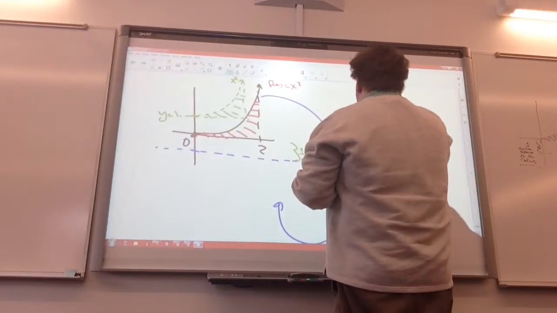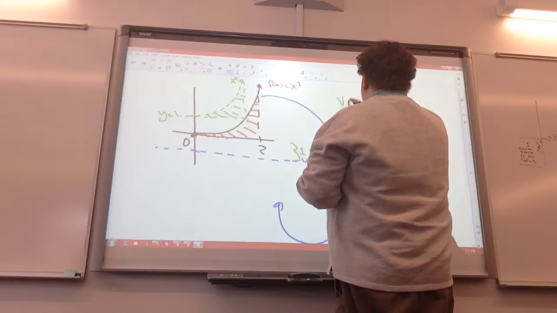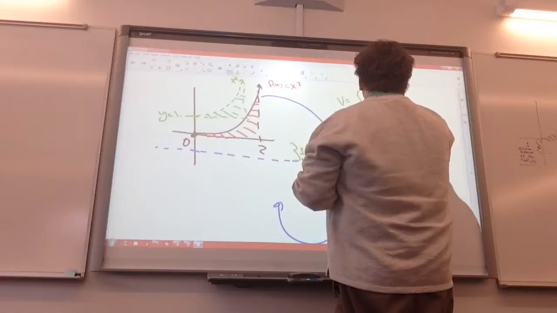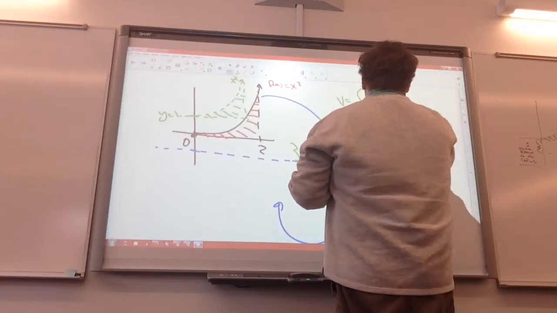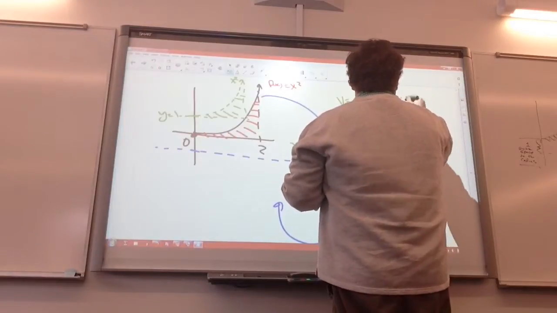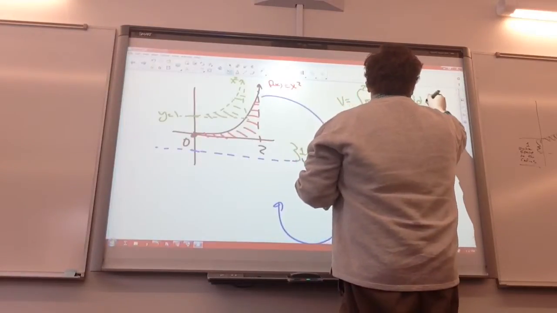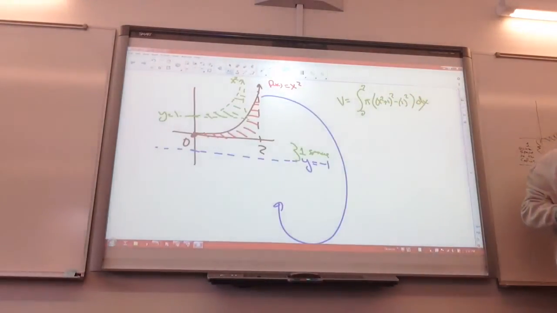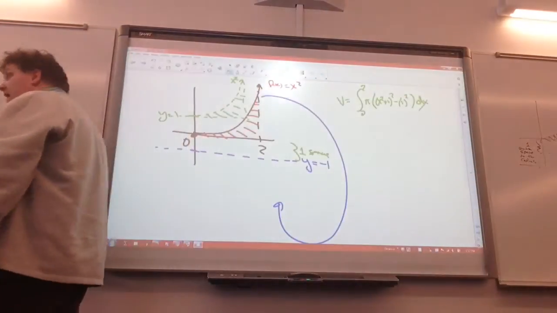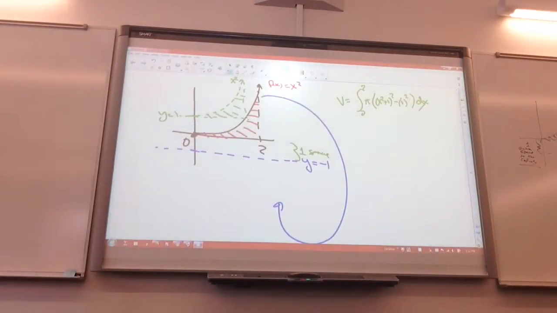So my volume then is going to be equal to the integral from 0 to 2 still of pi times (x squared plus 1) squared minus 1 squared dx. So you made it a washer method with g of x equal to 1, basically a straight line, in this case actually positive 1, because negative 1 moves everything down 1 space.